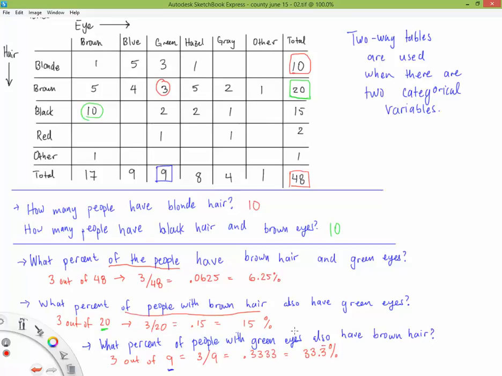How many people have green eyes? So we look at this and we see there are 9 people total with green eyes, right? So out of the 9 people with green eyes, how many also have brown hair? 3 of them, right? So the question is basically, out of the people with green eyes, out of the 9 people with green eyes, how many have brown hair? 3. Or in other words, what percentage of people with green eyes also have brown hair? 3 out of 9, 33.3%.